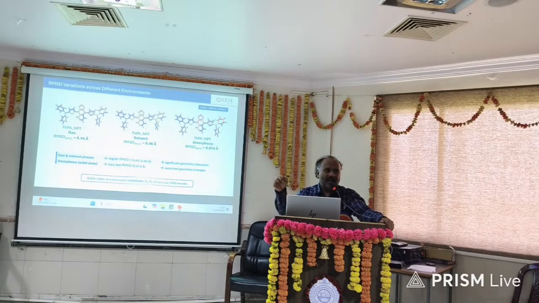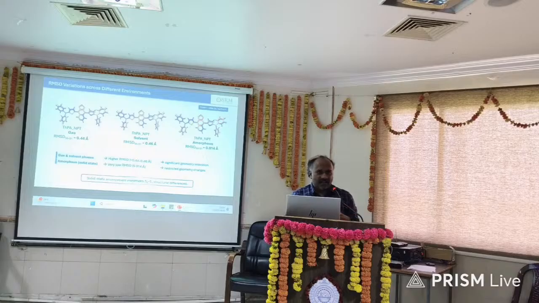You can see that RMSD is the root mean square deviation between the ground state and excited state. If you see a higher RMSD value, it has a lot of flexibility, because when the molecule goes from the lower excited state to the higher excited state, there will be a change in the molecular structure. The more change in the molecular structure, the more energy loss you are causing.